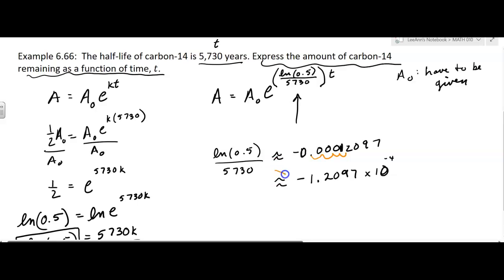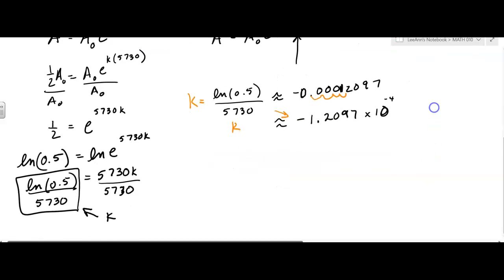Notice that it is a negative number, so this is k that we were finding. This was k, the constant. And we were expecting it to be negative because it's a decay model. So we're getting less of the amount, not more, and that's why k is negative. But, and you can write it that way, but usually in the formulas that I see, they don't. They just write k for carbon-14 as negative 0.000121.